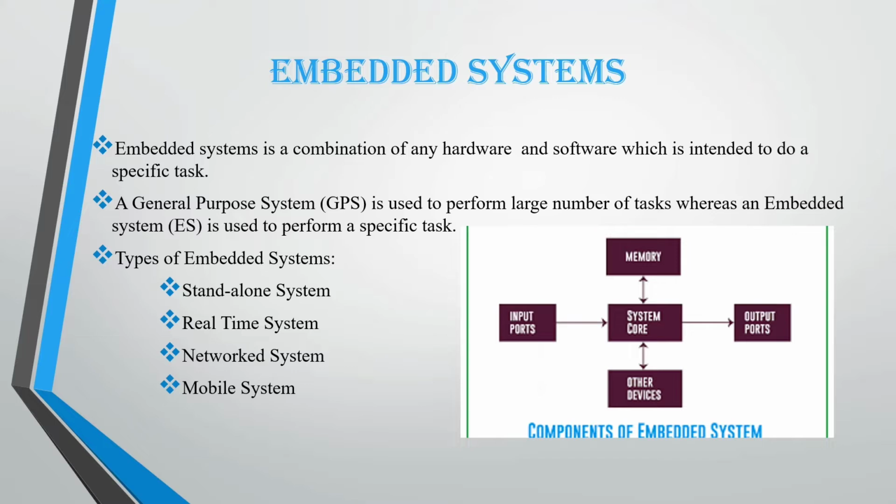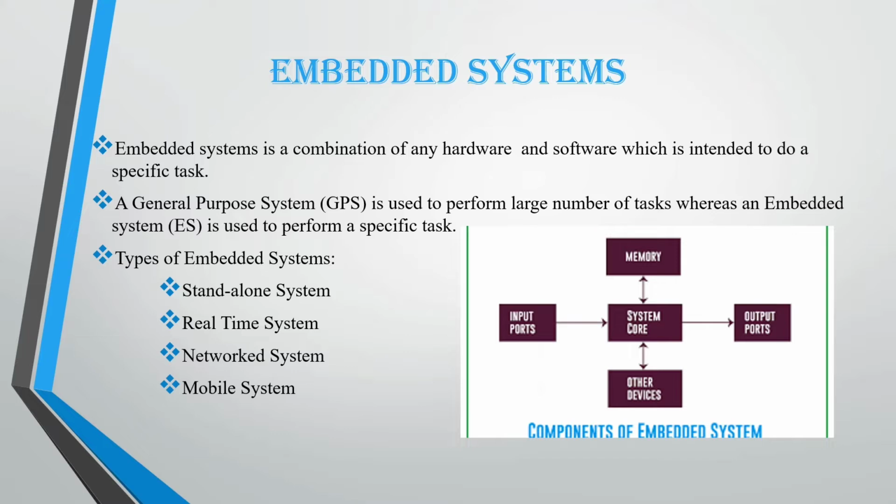The real-time example of embedded systems is a washing machine, because a washing machine is intended to do a specific task like washing. It consists of hardware and software. The real-time example of a general purpose system is a laptop. We don't use a laptop for a single task, so it is a general purpose system.